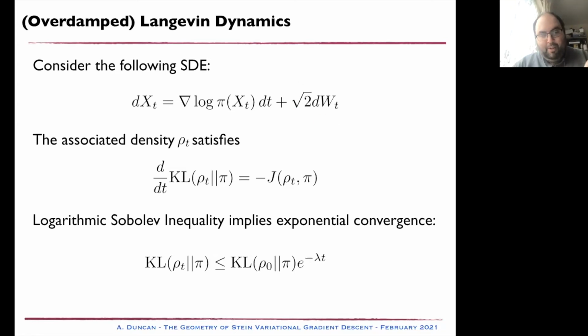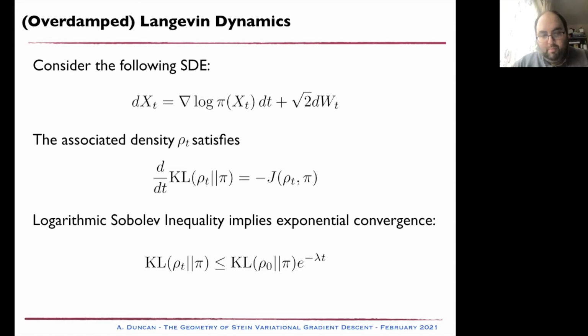Associated with X t, the particle at time t, I have a density, rho t. In this context, I can also show a very similar equality to the SVGD case: the rate of change of Kullback-Leibler divergence between rho t and pi is minus the Fisher information. So if I did have a logarithmic Sobolev inequality, then I would get exponential convergence of rho t to pi in Kullback-Leibler divergence.